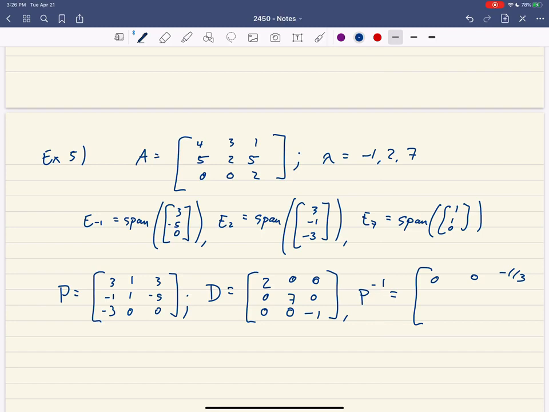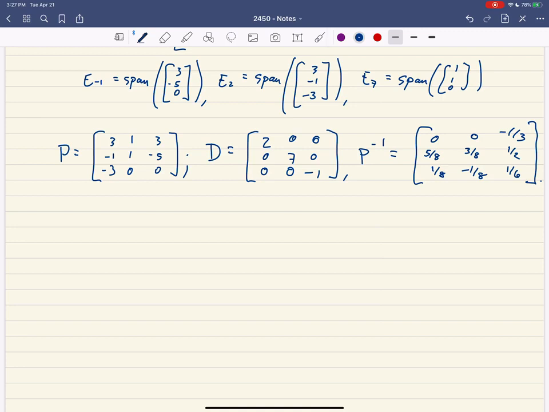So we get -1/3, 5/8, 3/8, 1/2, 1/8, -1/8, and 1/6. Okay, so that's P inverse. And again, check. You really should check that if you take P times D times P inverse, you get A. And everything works out. It's very satisfying to check that you get that.